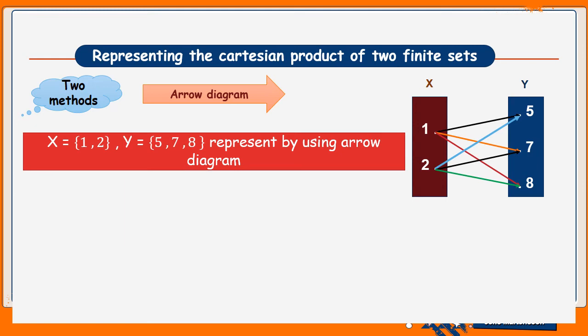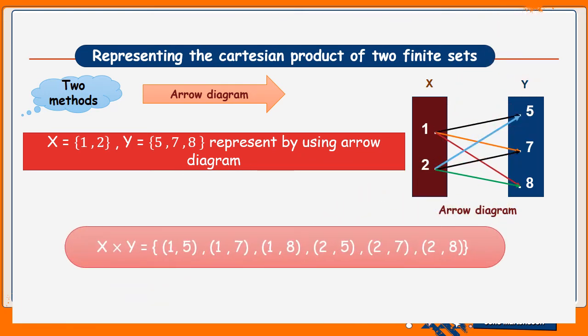You can tell me that x cross y is {(1,5), (1,7), (1,8), (2,5), (2,7), (2,8)}. This is the set of ordered pairs represented by the arrow diagram.